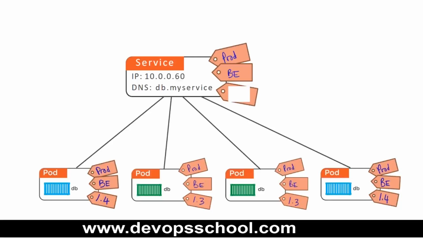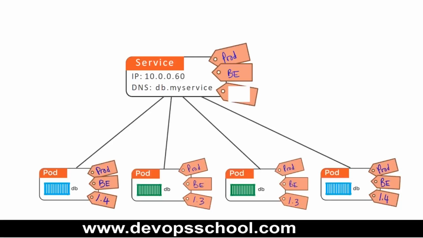When labels match, the service endpoints automatically get updated, because all services in Kubernetes work with labels. If labels match, the service will load balance the pod. If labels do not match, the service will not load balance the pod.